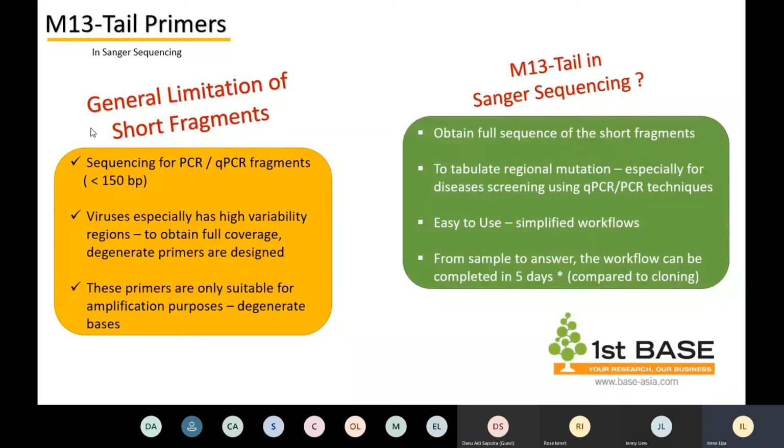And now you are also able to tabulate regional mutations, especially for disease screening using qPCR or PCR techniques. It is easy to use because it is a very simplified workflow from our side, and from sample up to the answer, the workflow can be completed in 5 days compared to cloning, which takes you more than a week.